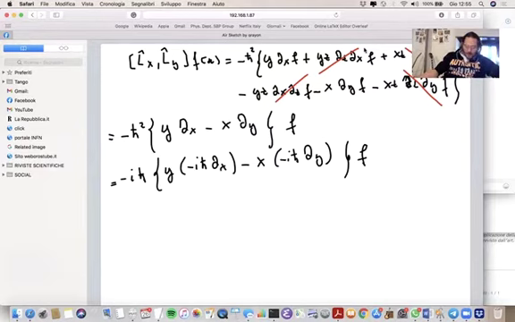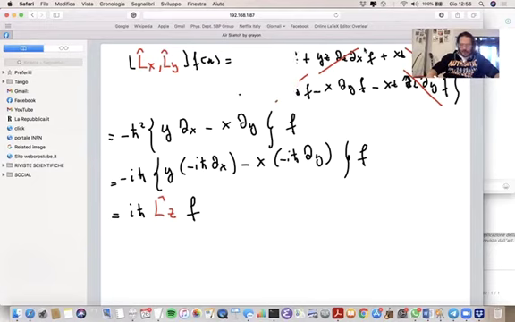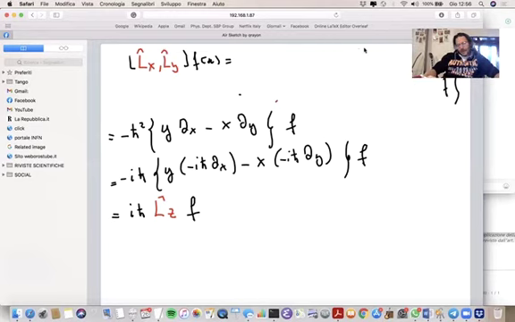Now, what this is actually telling me, let me now change color here, is that this is nothing but i h bar Lz of f. So basically what this calculation led to was this important result.